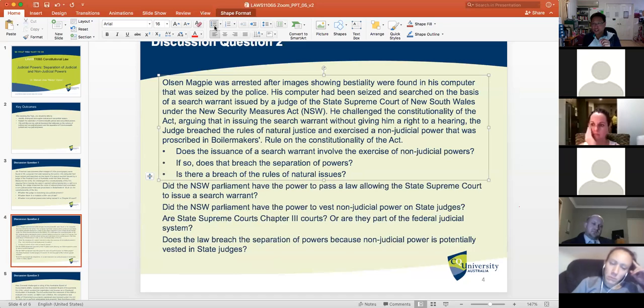And so therefore the judge is not left with any discretion to deny or to go against the directive. That would be unconstitutional, because it goes against the integrity and independence of the judiciary, primarily because what we need to remember is that the state Supreme Court, whilst it is not a Chapter 3 court, is still part of the integrated federal judicial system in Australia.